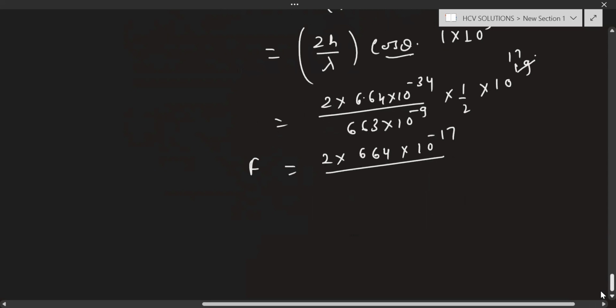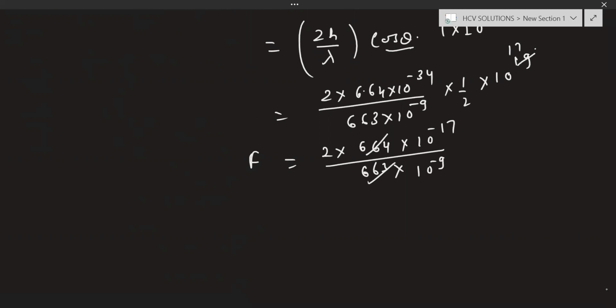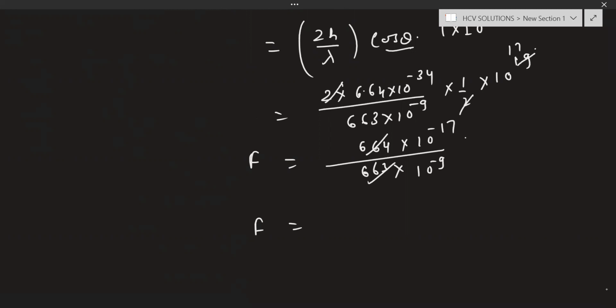Now the remaining 663 and 10 to the power minus 9 cancel, and the 1 by 2 cancels with the 2. Now F is 10 to the power minus 17 plus 9, so you will be left with 10 to the power minus 8 Newton.